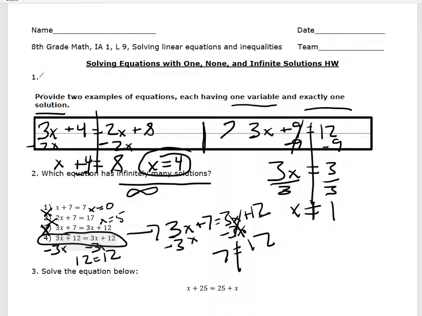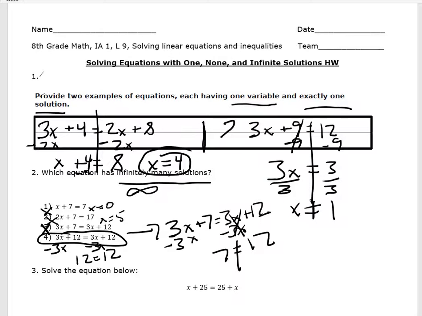So if I let x equal 5, I would have 3 times 5 plus 12 equals 3 times 5 plus 12, meaning 15 plus 12 equals 15 plus 12, which means I would have 27 equals 27, right? So that's my infinitely many solutions.